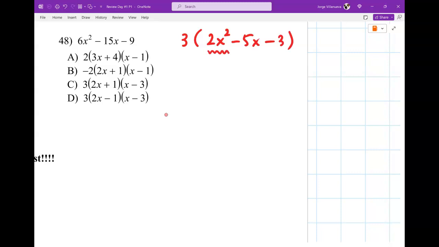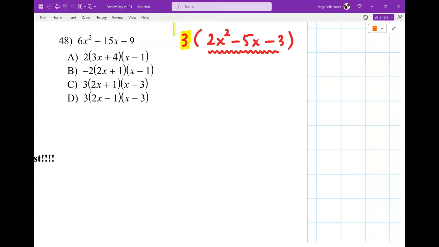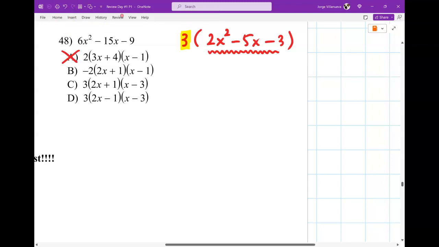And we're only going to factor this, but remember, don't forget about this 3 right here, okay? Because that has to come in on our answer. Now, that being the case, you should know, yeah, A and B are not options. It's either C or D, okay? So, again, just in case you're lost and you're like, well, all I can do is take out a number, I forgot how to factor, well then, that's fine.